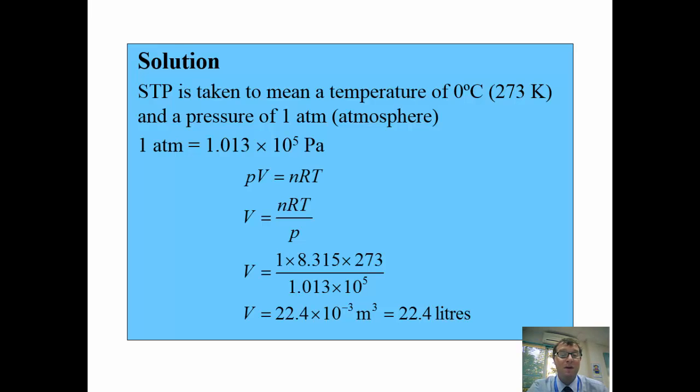And we know the pressure in pascals is 1.013 times 10 to the 5, which gives me 22.4 times 10 to the minus 3 meters cubed, or 22.4 litres. And you'll remember a couple of sessions ago, when I was talking about molar mass, I said that 1 mole of gas is always 22.4 litres, and this is the reason why.